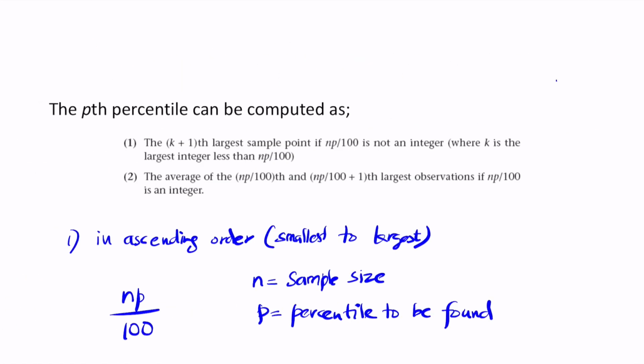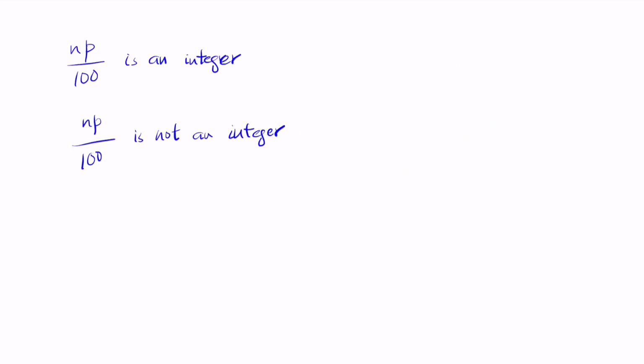If NP by 100 is an integer, or if NP by 100 is not an integer. Now if NP by 100 is not an integer, let's say k is a value that equals NP by 100.